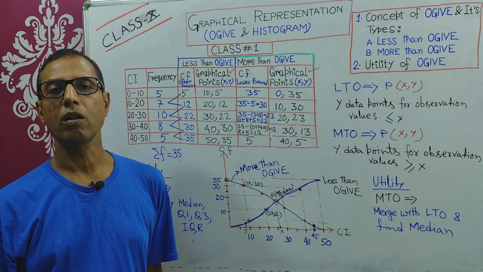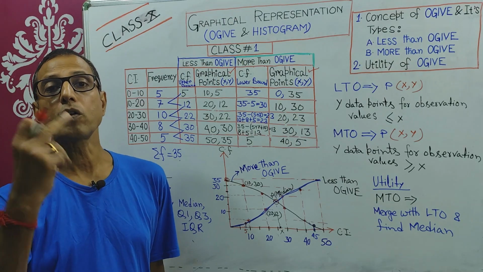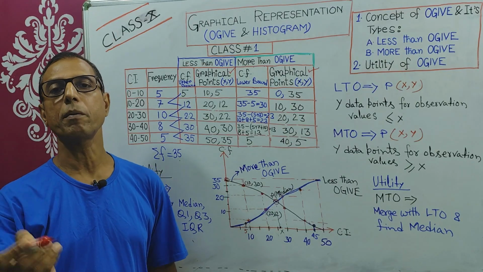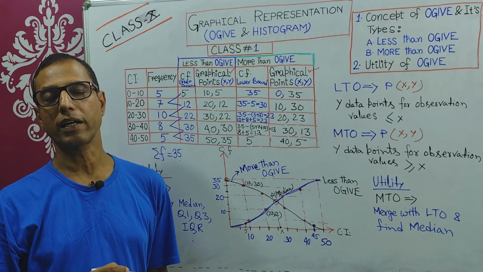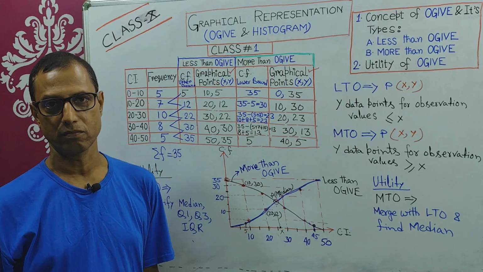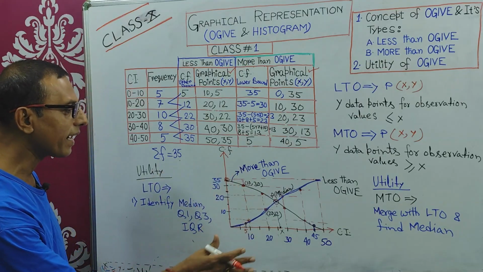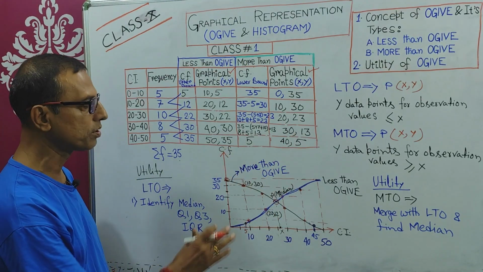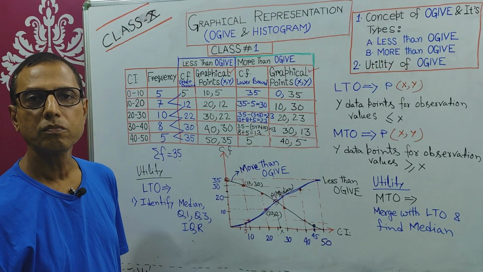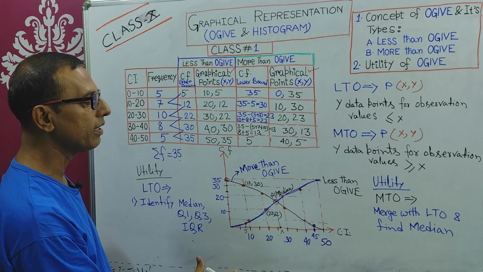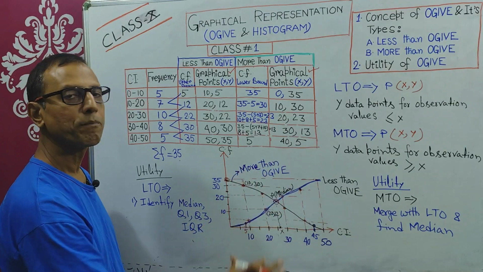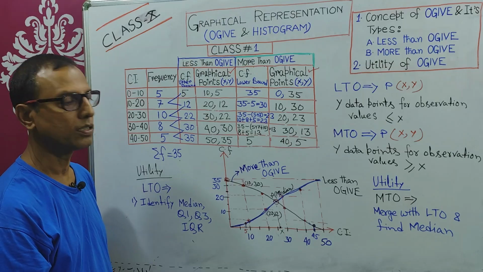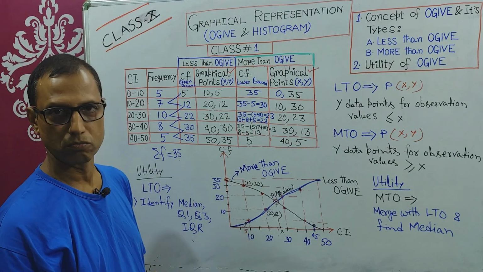So how many people achieved beyond the target, how many achieved on the target, or how many achieved below or much less than the target? All this kind of less than, more than you can find out straight away from the curve, and you will get the exact value when you plot the data on graph paper. This is the concept, I hope you understood, right?